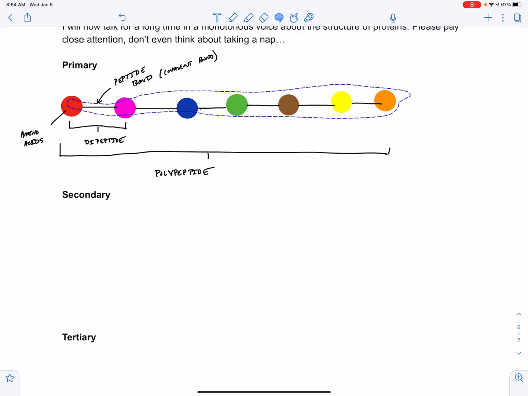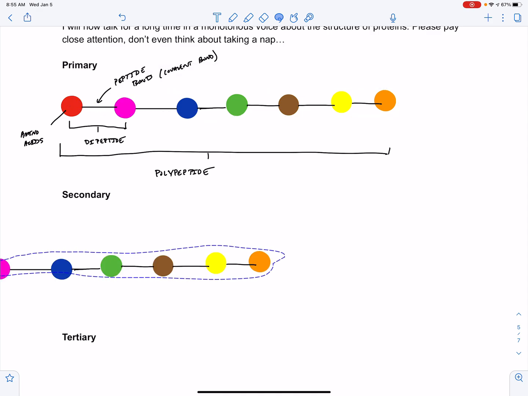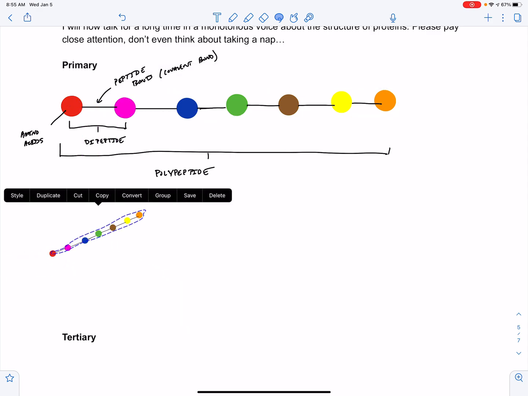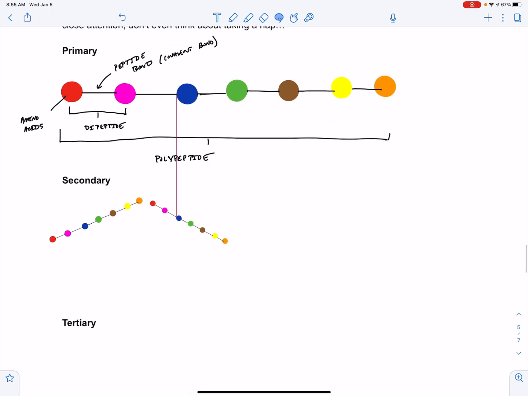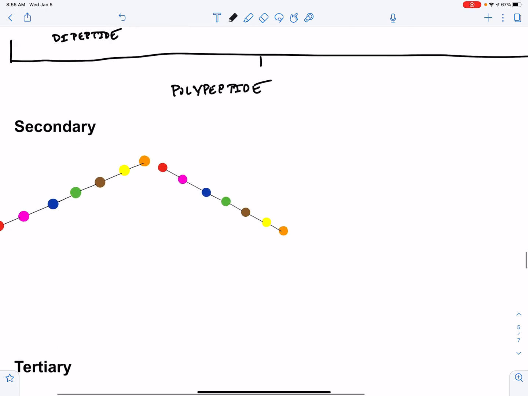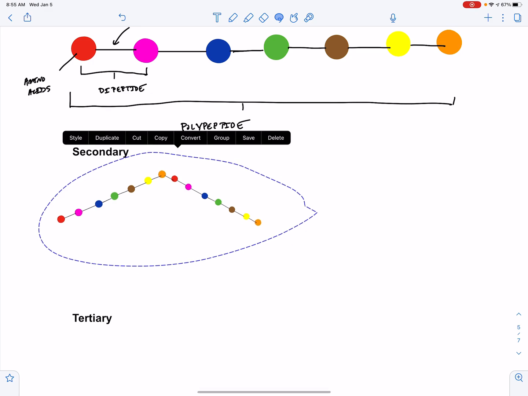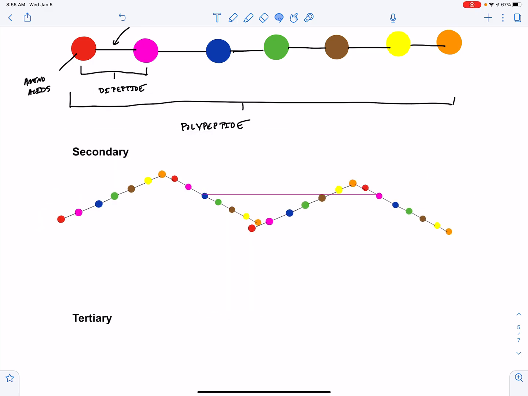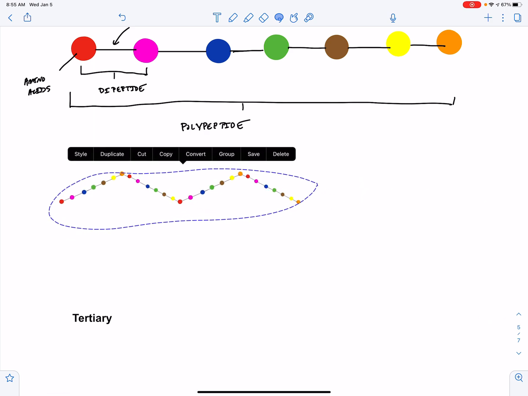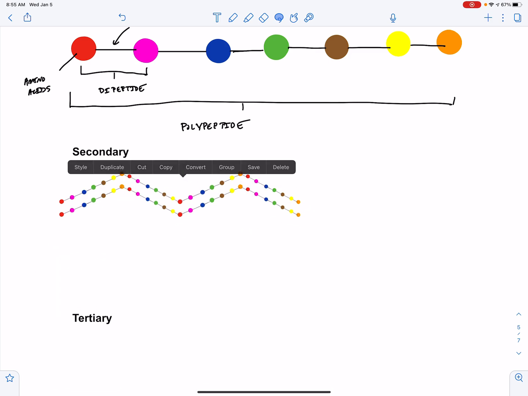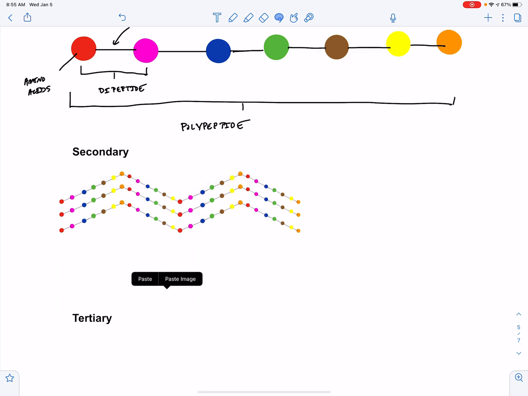So, if we copy this and paste it down below, and then copy this, paste it below, and copy this whole thing and paste, and then copy this whole thing, paste, paste, paste.